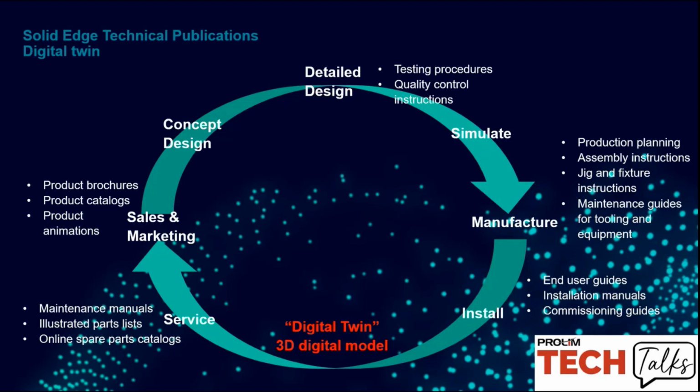The digital twin is added to, and data is consumed from it, throughout the product development and deployment lifecycle. Technical publications are created at many key stages of the product development process. They contribute to the creation of that, again, digital twin of a product.